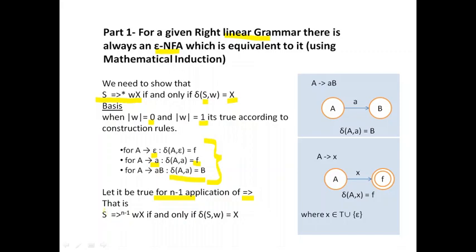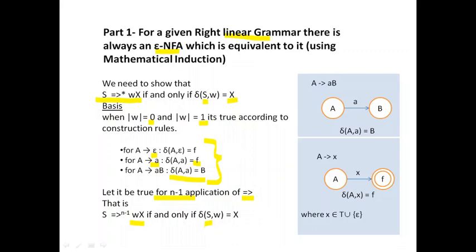So that means from S, by applying n minus 1 steps of derivation, if we get a sentential form Wx, where W is a string of terminals and capital X is a non-terminal, then we assume that in the case of our epsilon NFA, starting with the initial state capital S. Now this capital S is the initial state of the epsilon NFA.